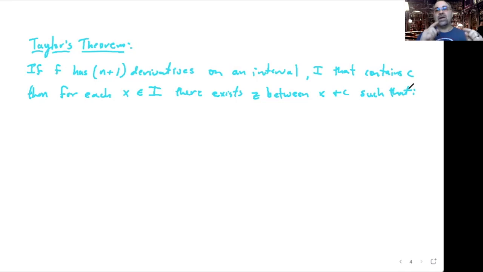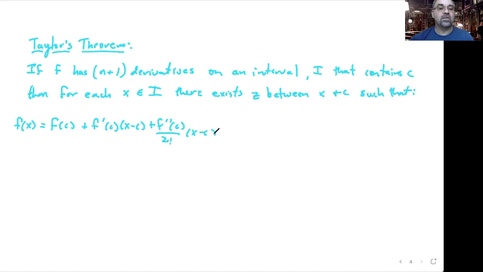Then every time we pick a different x value in that interval, there exists a z in between the two, between the center and that x coordinate, such that f of x equals f of c plus f prime of c times x minus c plus f double prime of c over 2 factorial times x minus c squared.